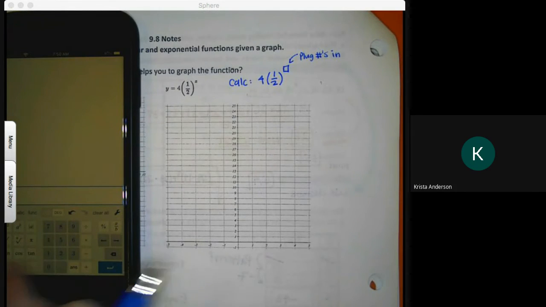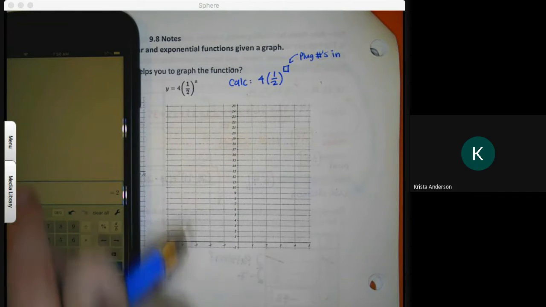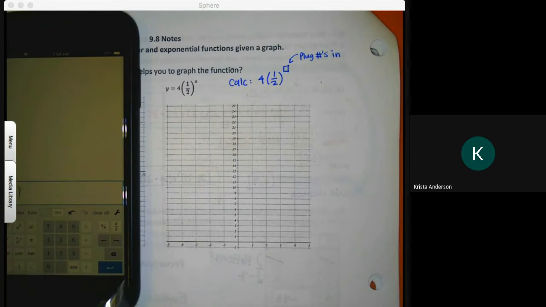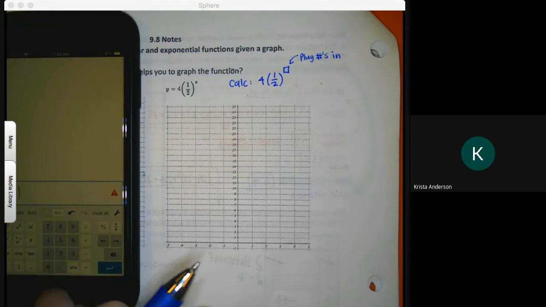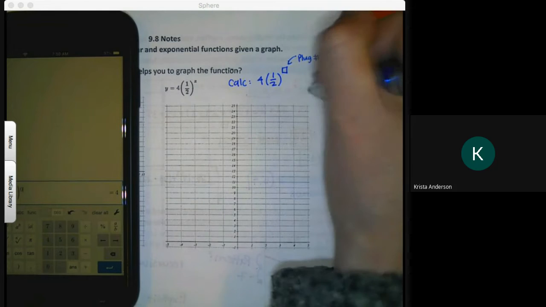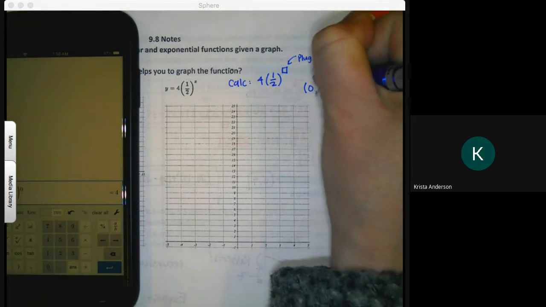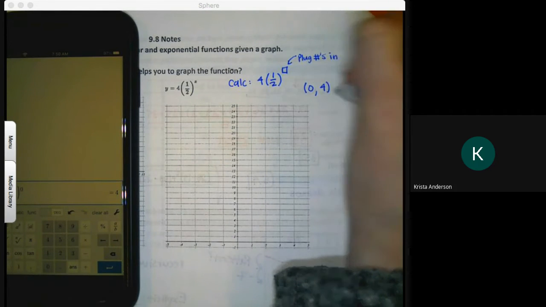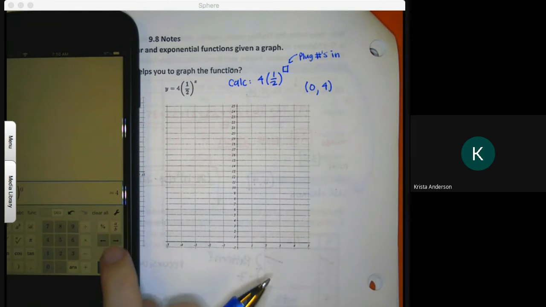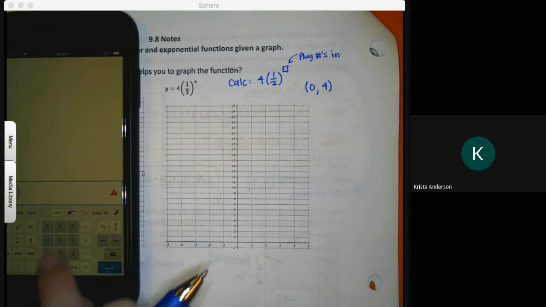Four times 1/2 to the power of, pick a number. 0. 0 is at 4. So I'd write 0, 4. Another number. 2.